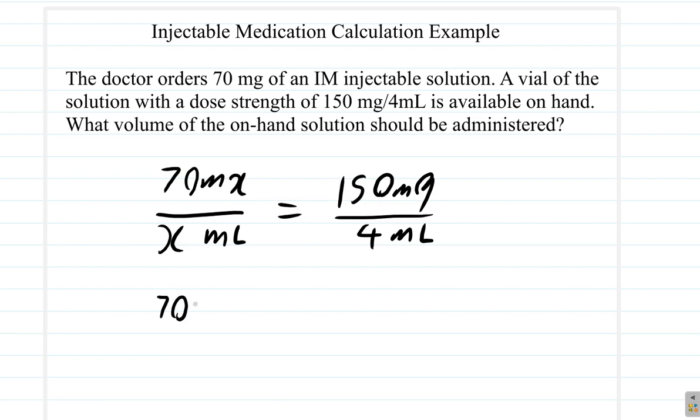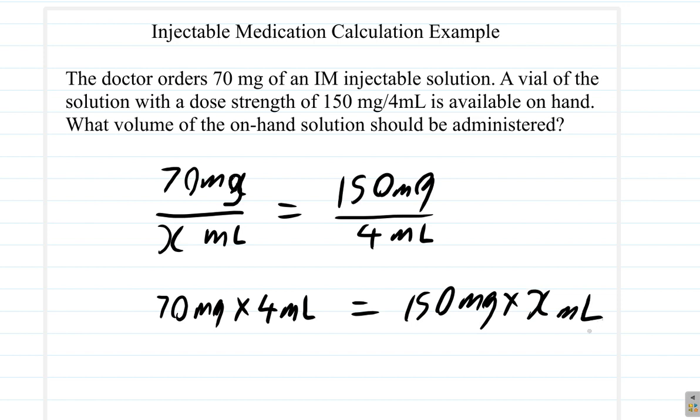70 milligrams multiplied by 4 milliliters is equal to 150 milligrams multiplied by X milliliters. Alright?